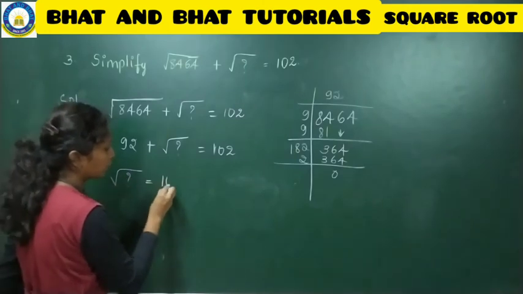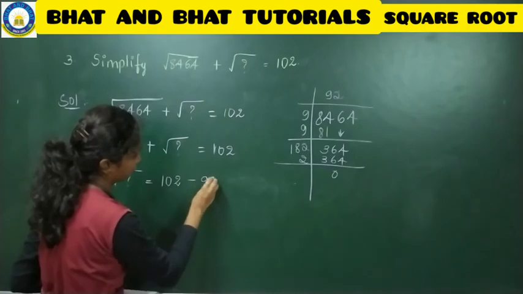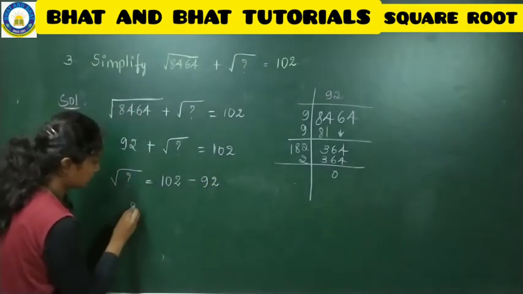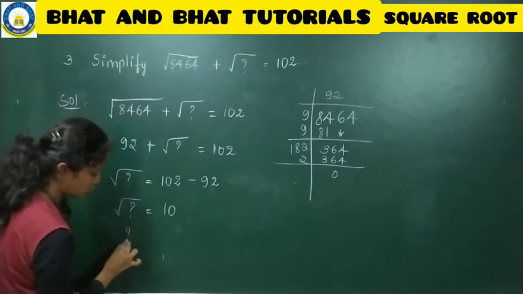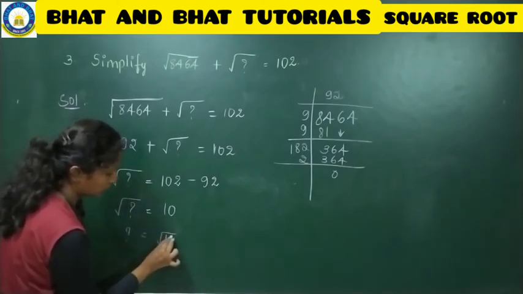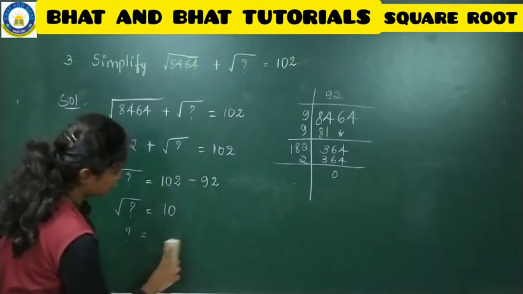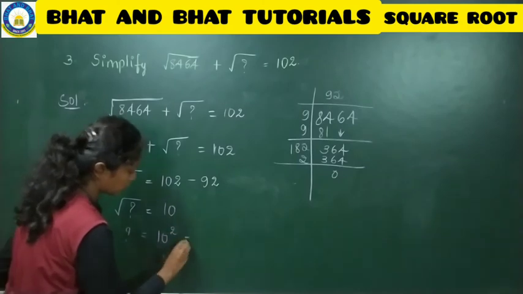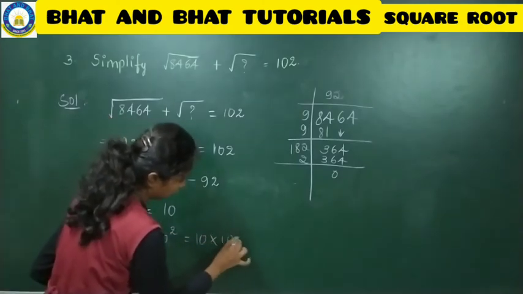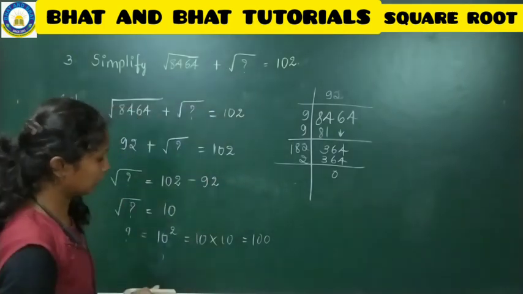The square root of question mark is equal to 102 minus 92, so it becomes 10. So the square root of question mark is 10. If I bring this square root to my right hand side, it becomes a square. So 10 into 10, that is 100. So now the value of this will be 100.